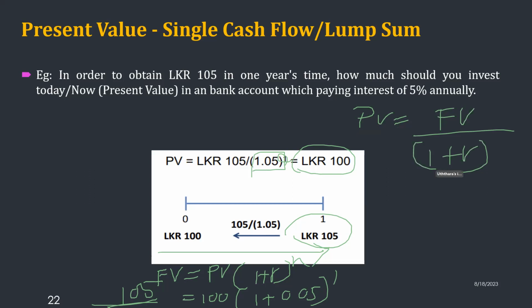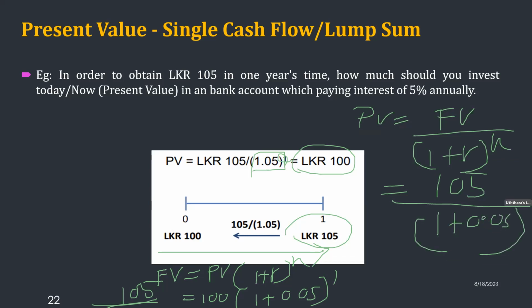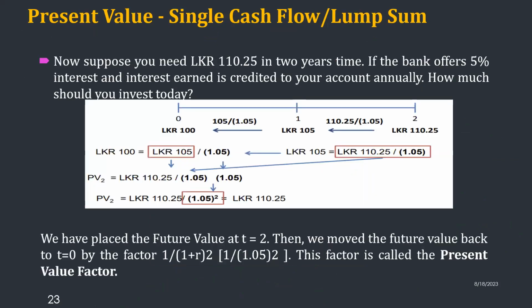This is the formula: future value is 105 divided by (1 plus 0.05) to the power 1. Then it is 100. So this is how you do the calculations.